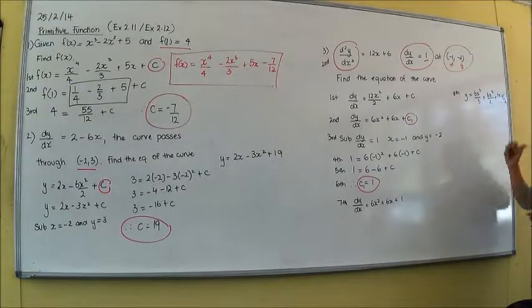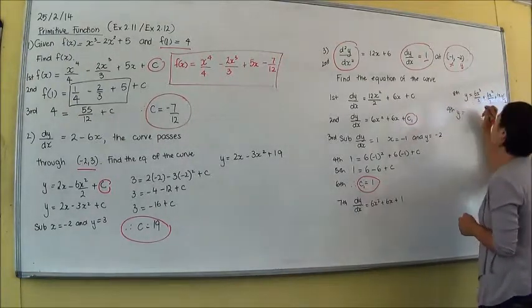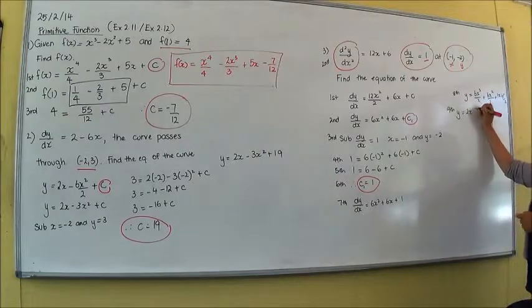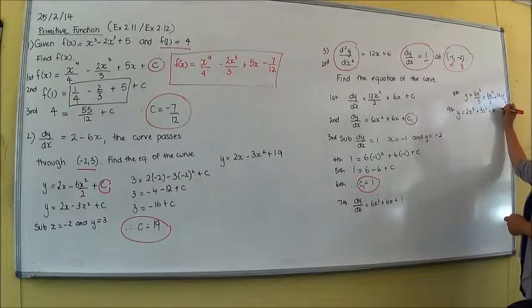We'll call it c2, our second constant. So 6 divided by 3 is 2: 2x cubed plus 3x squared plus x plus c2.